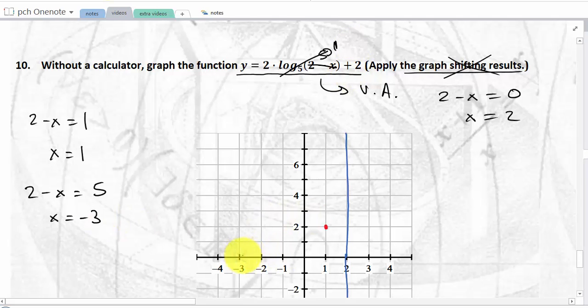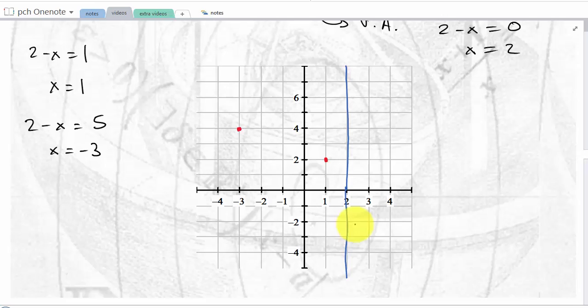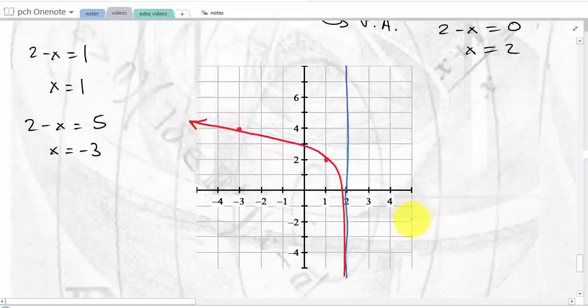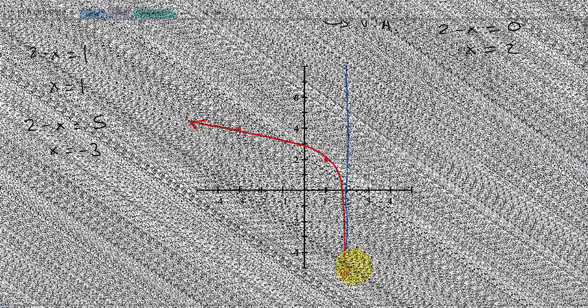So at negative 3, you are up 4 right here. And this is fine enough to draw a pretty graph of this function right here, right there. Something like that, okay? That's it. Thank you for watching.